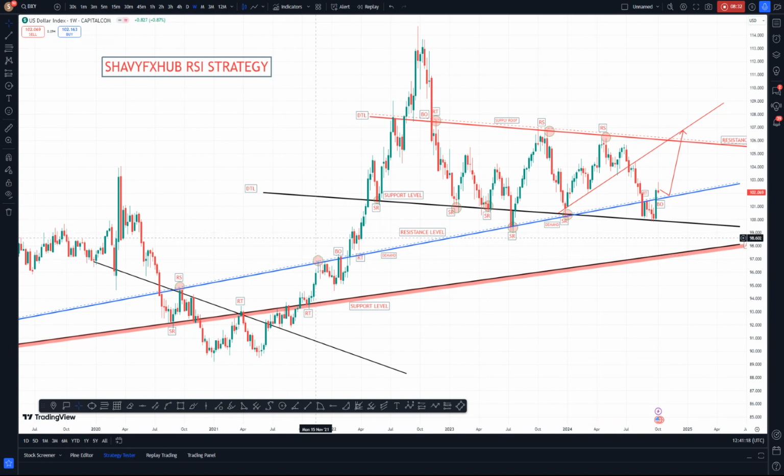So when the American DXY is on an uptrend, EU experiences a bearish price action. AU will experience a bearish price action on a DXY uptrend. UJ, Japanese yen against USD, will experience a bullish impulse.